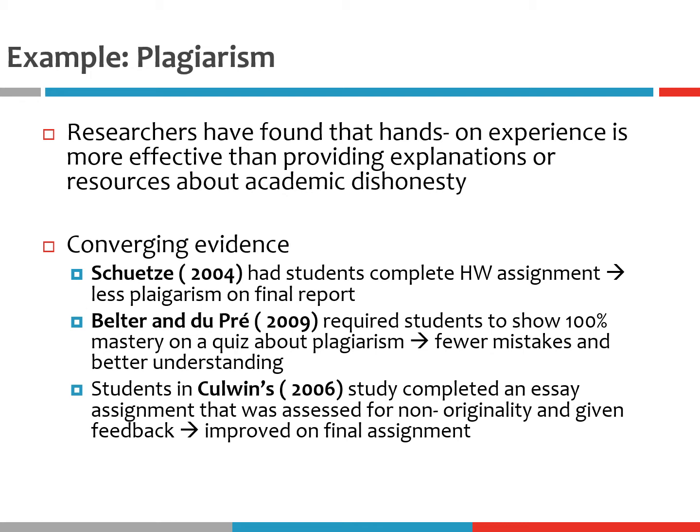Another researcher found that students who completed an essay assignment about plagiarism that was assessed for non-originality, which means essentially it was put through a plagiarism detector, like Turnitin, and given feedback on that essay, improved in terms of their amount of plagiarism on their final assignment, right?